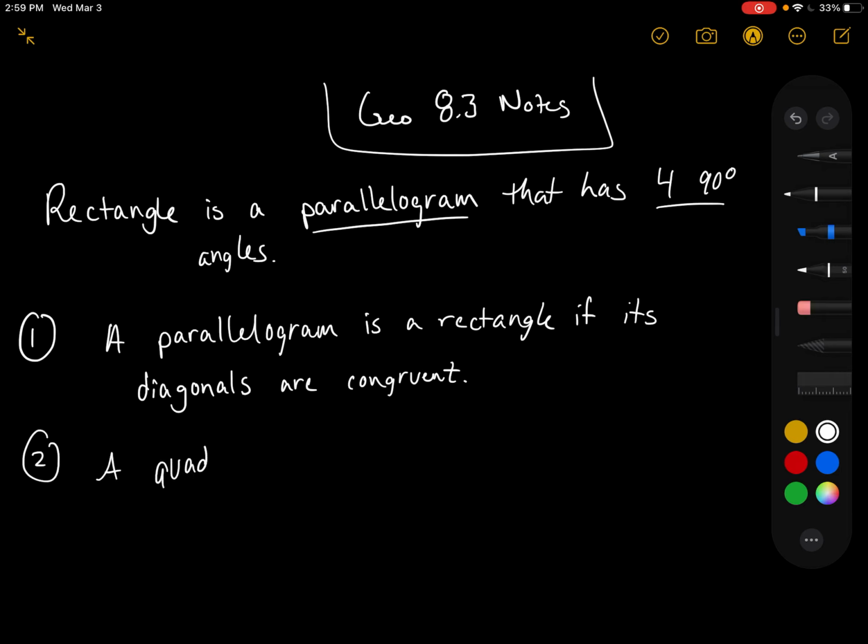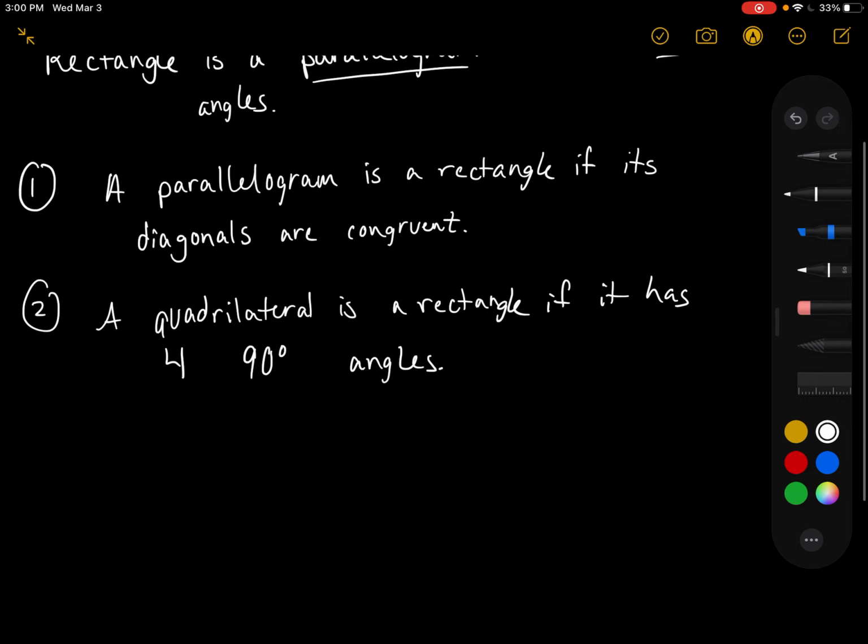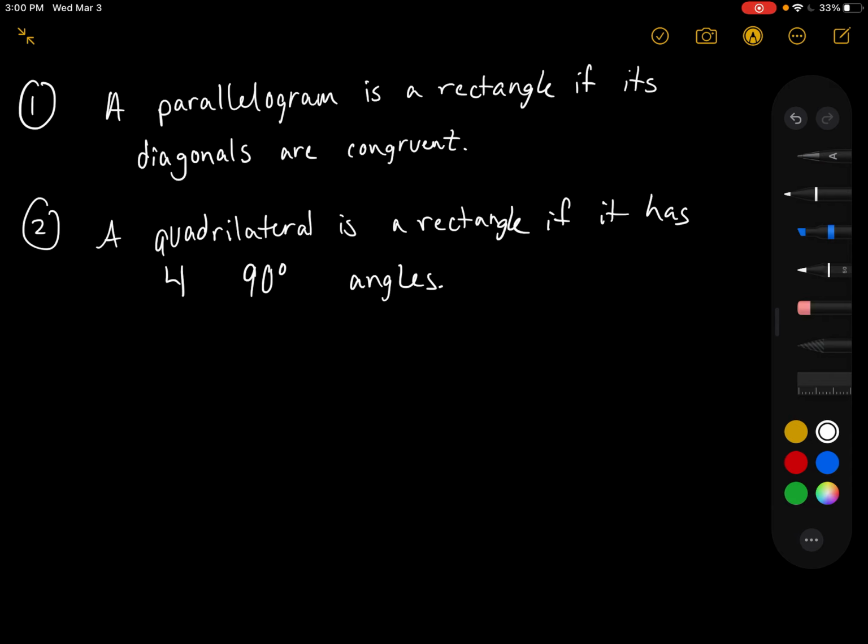Secondly, a quadrilateral is a rectangle if it has four 90-degree angles. So let's take a look at what each of these two properties mean.